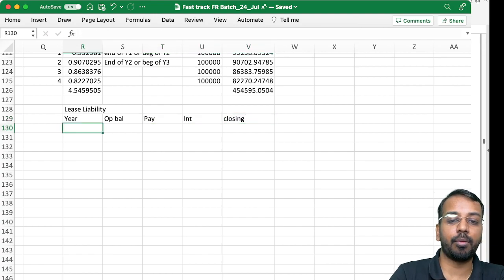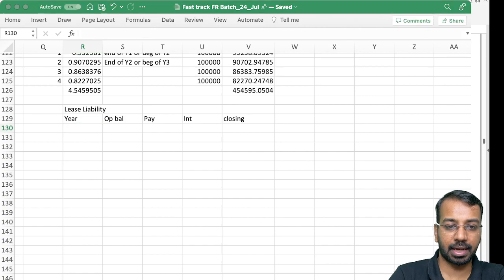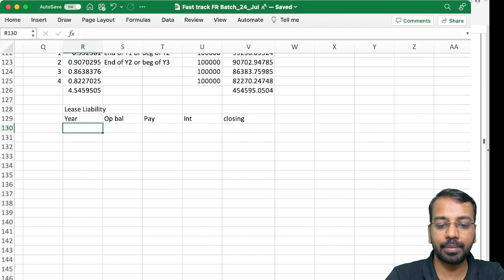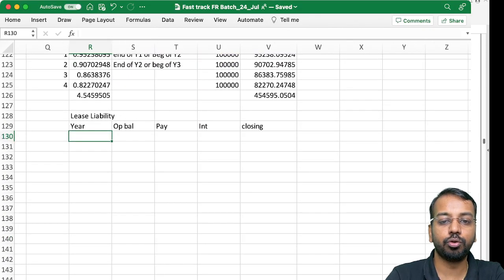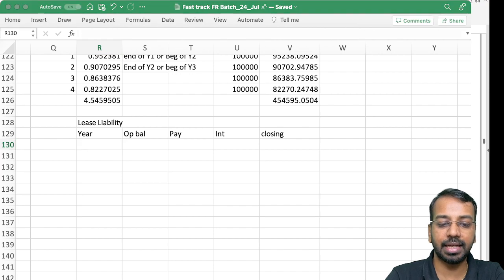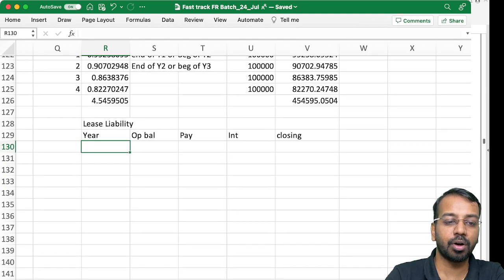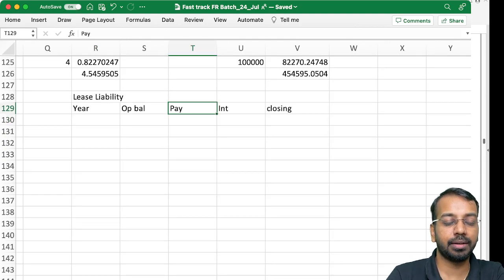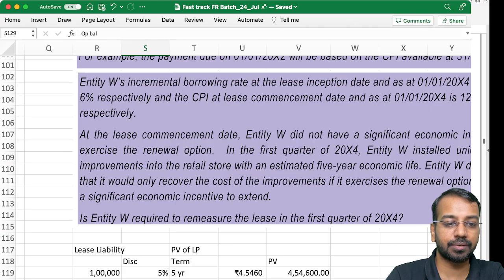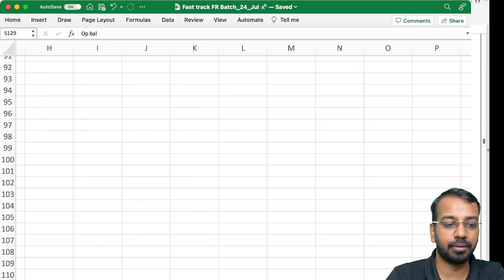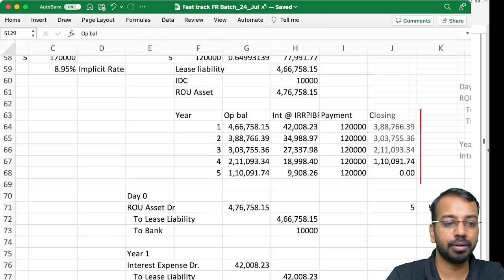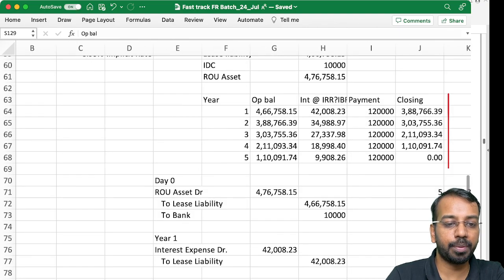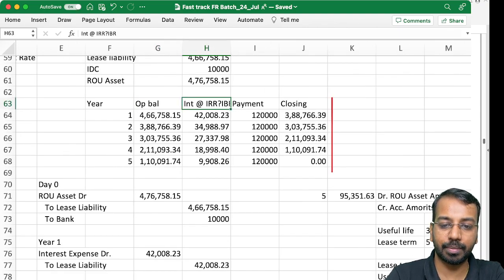This is the standard format which I had told you in yesterday's class. Now here, whenever payments are made in advance, you have to do a slight variation in this table because payment is being made in advance. So in yesterday's class we said opening balance, interest, payment, closing balance.